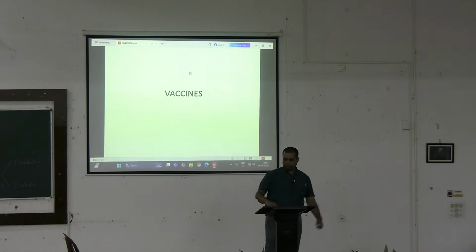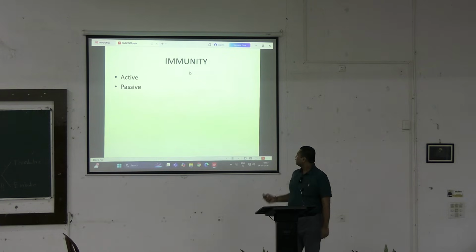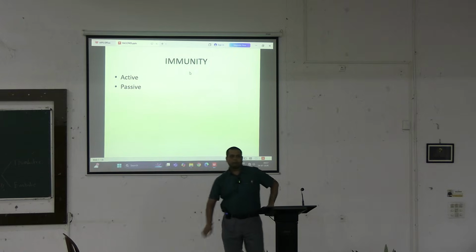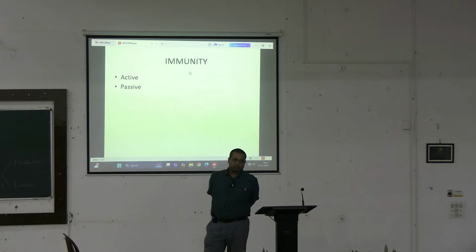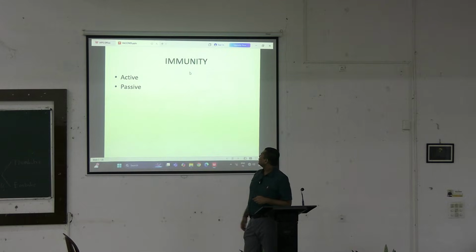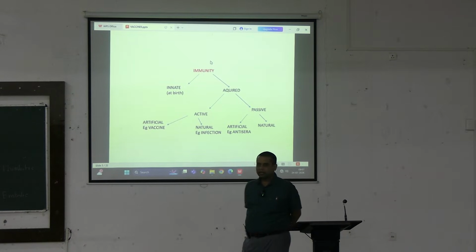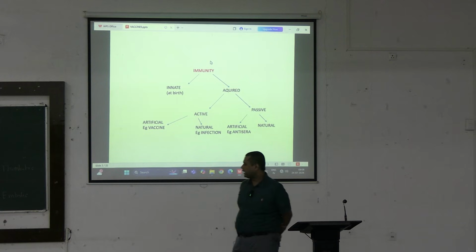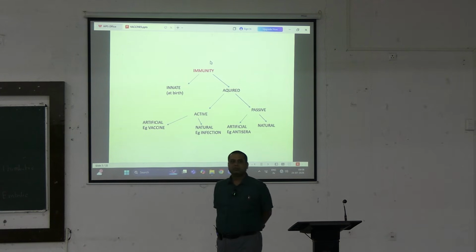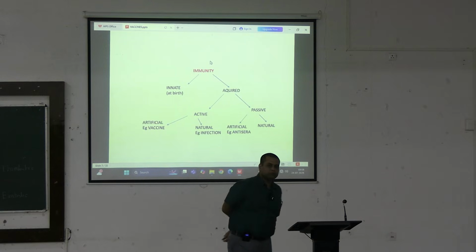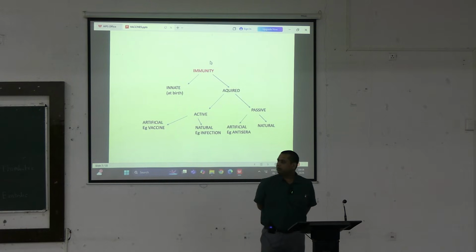So, types of immunity: there is active immunity and passive immunity. So let's see the flow chart. Innate immunity, which is present at birth, and there is acquired immunity. Acquired immunity has active immunity and passive immunity.